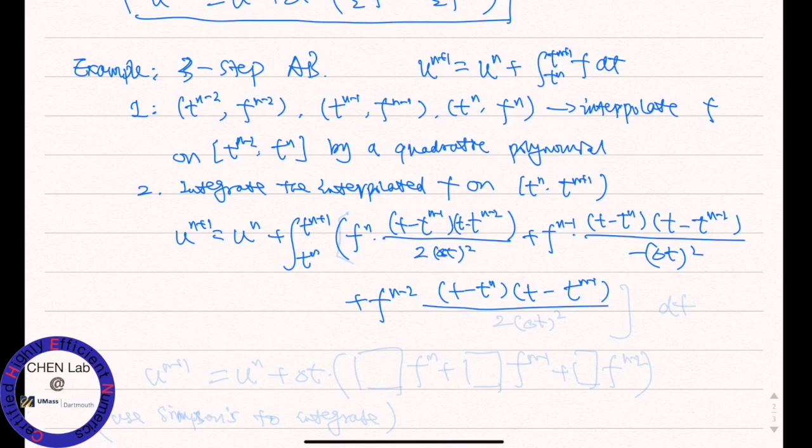You plug in tn minus 2, you get negative 2 delta t times negative delta t, which is 2 delta t squared again. You integrate this function on tn to tn plus 1.